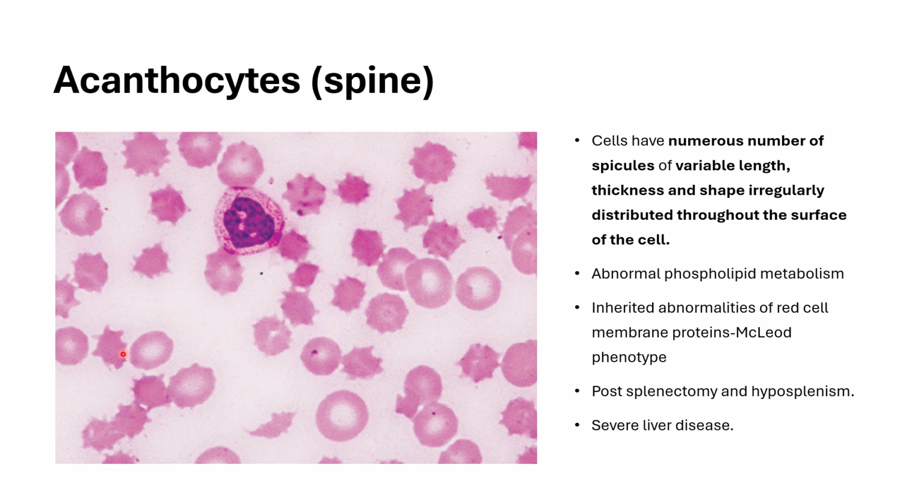But since it's present on most of the cells, they are called acanthocytes. It's seen in abnormal phospholipid metabolism, in inherited abnormalities of red cell membrane protein like McLeod phenotype, post-splenectomy or hyposplenism, and in severe liver diseases.